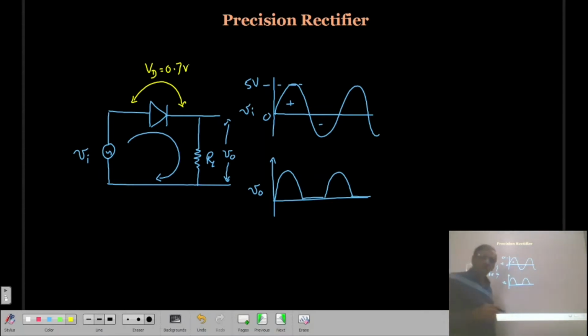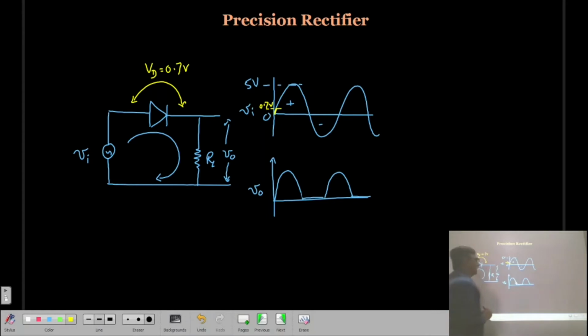So the amplitude of the output signal is always less by 0.7. In other words, if the input signal does not increase up to 0.7, then the diode is not conducting. After that, the conduction will start and you will get the output voltage.